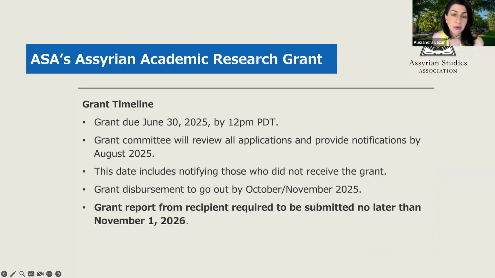We'll try our best to notify what specifically needed to be improved on the application, but that is not always expected. We will just notify you if you have received the grant or have not. Grant disbursements go out late October or early November of this year. And very importantly, there's also a grant report that the recipient needs to submit no later than the following year, November 1st.